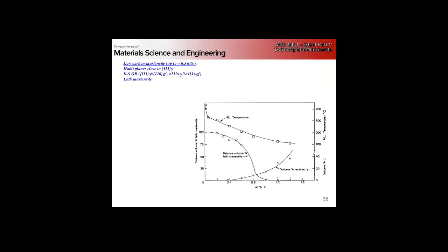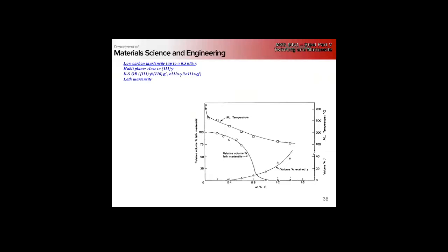And at low volume fractions we have twins. If we look at the evolution of the martensite with respect to the carbon concentration, we see a general decrease in the martensite start temperature. So carbon stabilizes the austenite phase. And we see a decrease in martensite concentration and an increase in retained austenite.